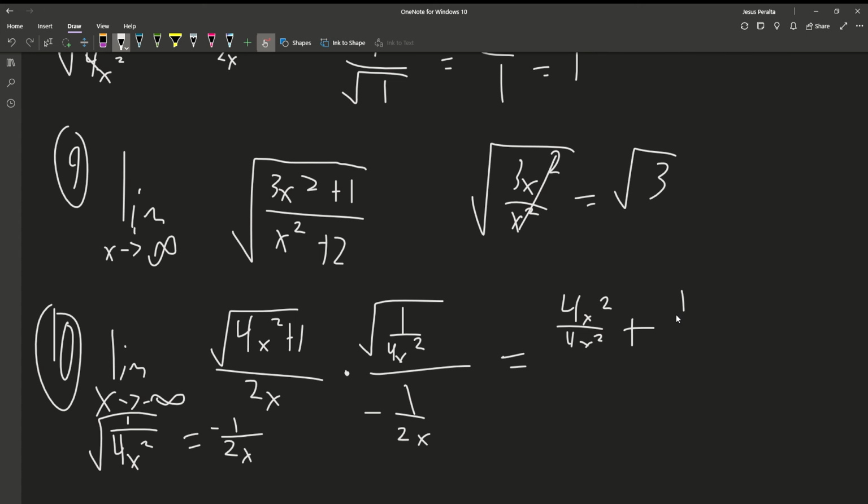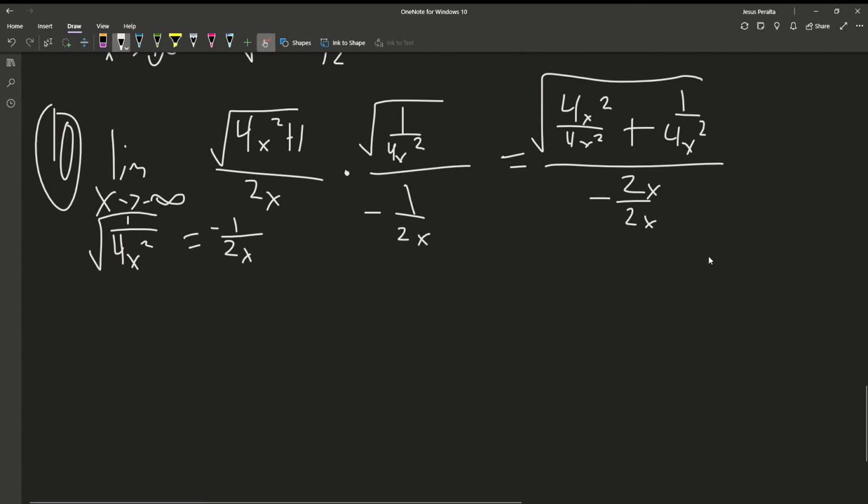Plus 1 over 4x squared, square root of this, over negative 2x over 2x. So this right here turns into 0. This becomes 1. So let me rewrite it. The square root of 4 over 4, that cancels out.